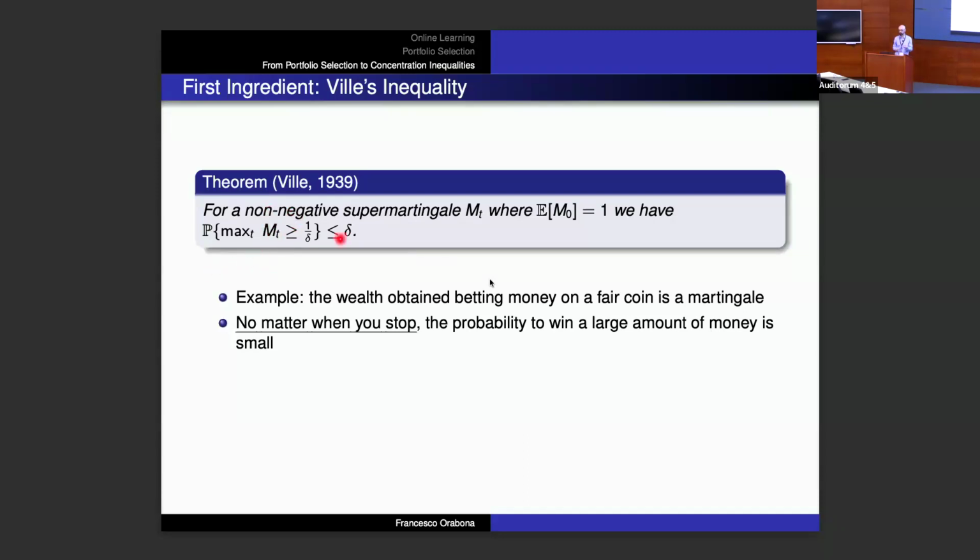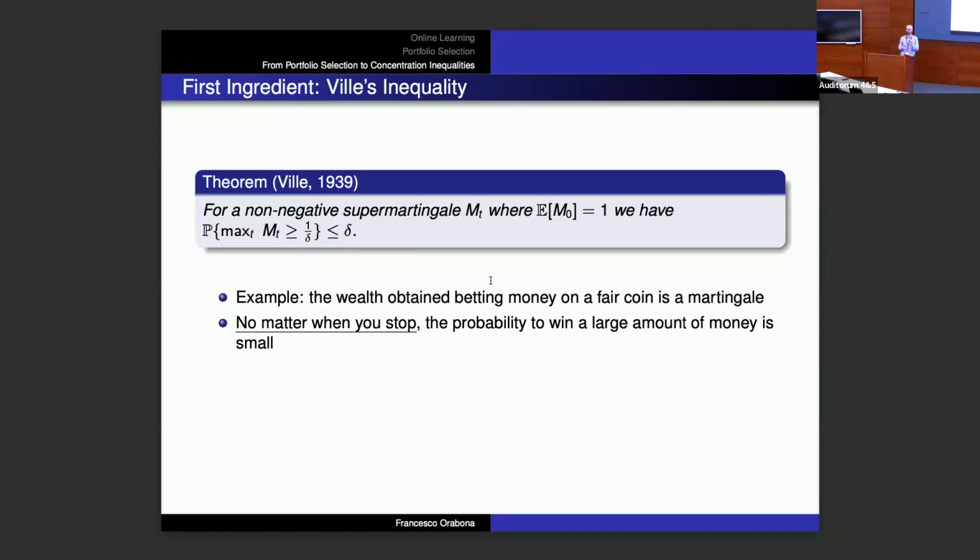And so what is a classic example of a supermartingale? A classic example is the wealth that you make betting money 1-to-1 on a fair coin. For example, you play the roulette and you just bet black and red. The money that you make, it doesn't matter what the strategy is that you have, it's always a supermartingale. Okay, and so Ville is basically saying the probability that the max of your wealth is big is small.